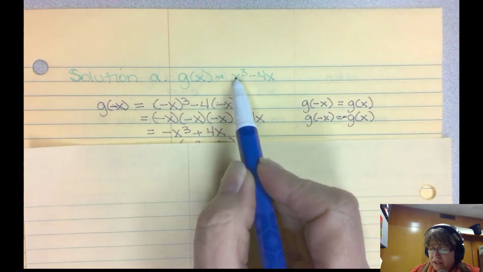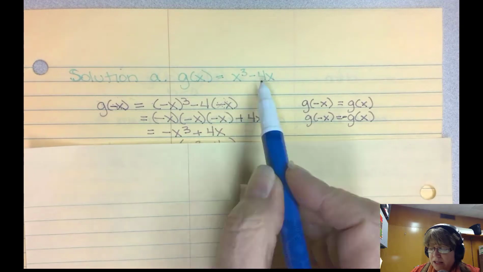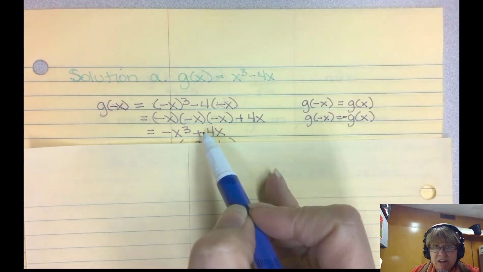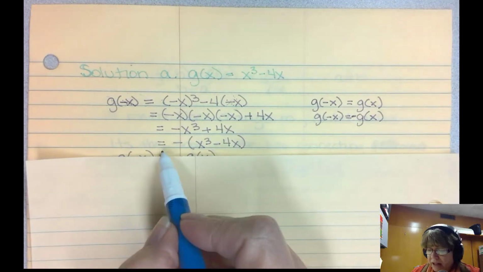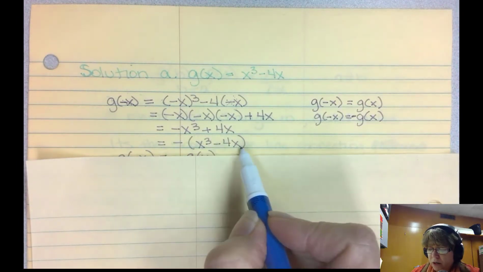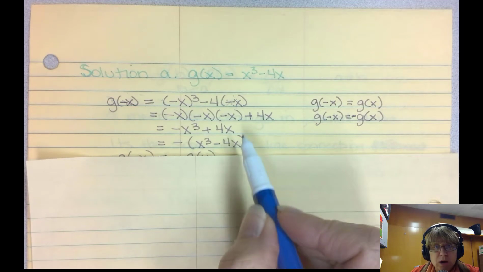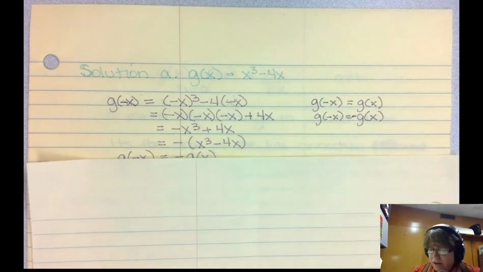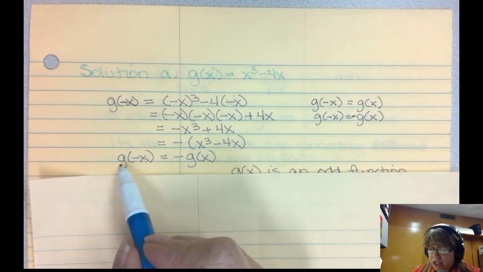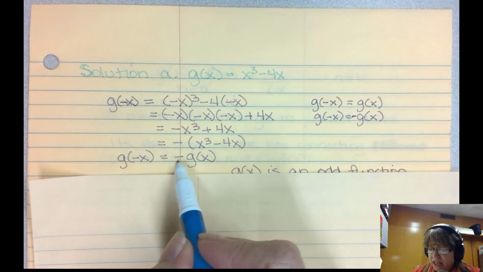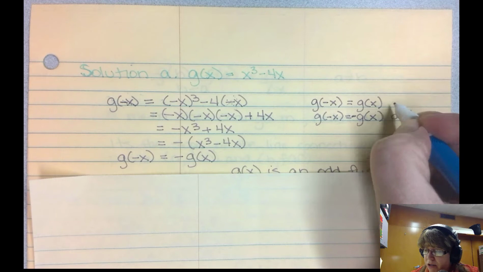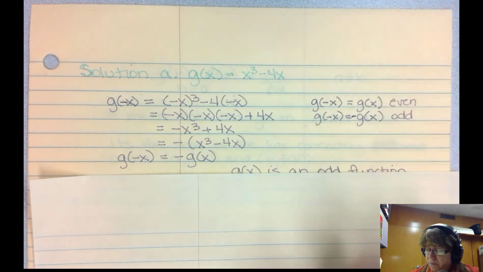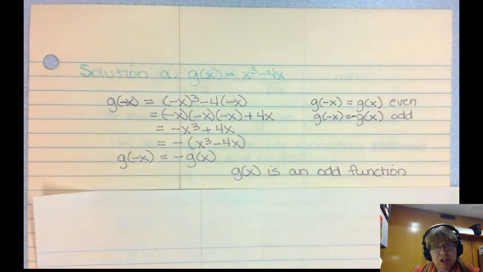The negative is opposite of the positive is opposite of the negative. So if I factor out a negative here, I get negative x cubed minus 4x. Well, x cubed minus 4x was g of x. And therefore, I know that g of negative x equals negative g of x, and therefore, it must be odd. g of x is an odd function.